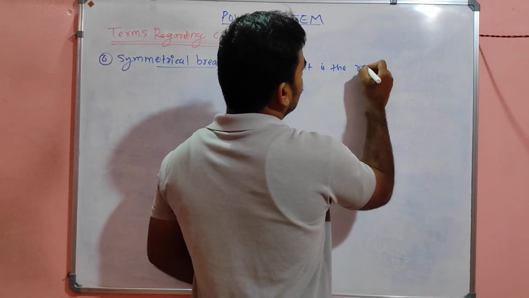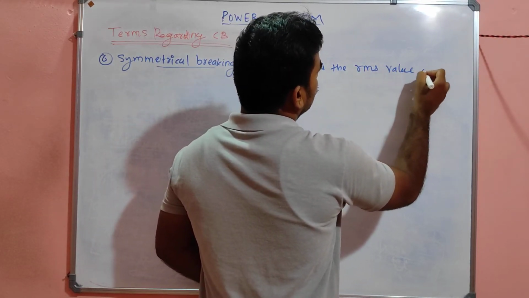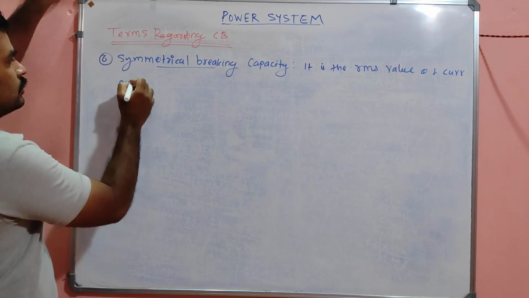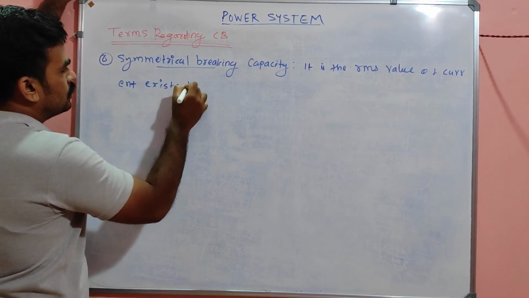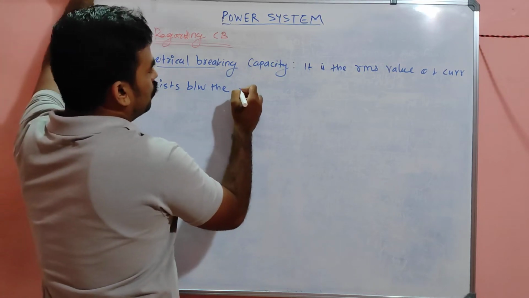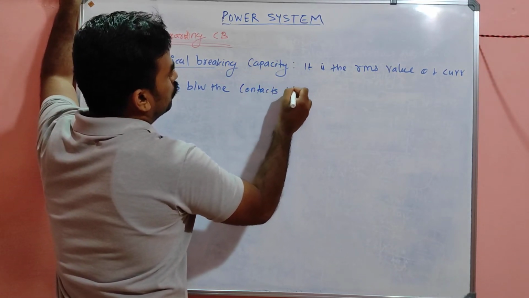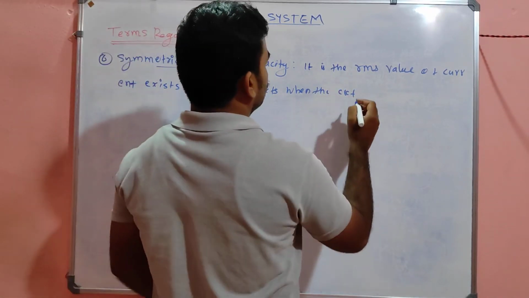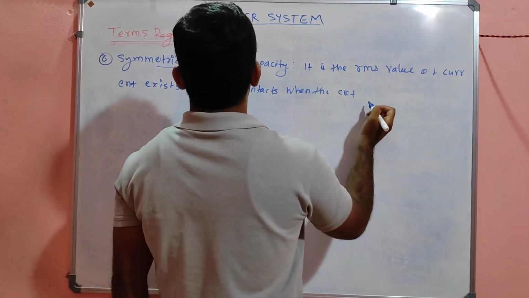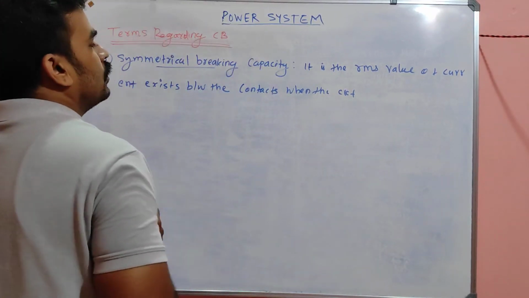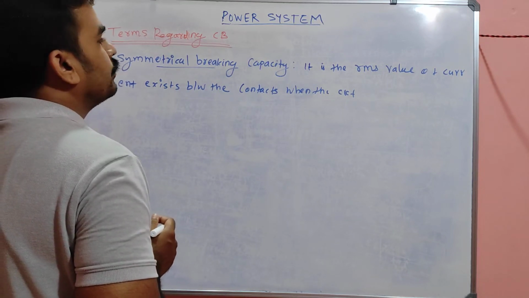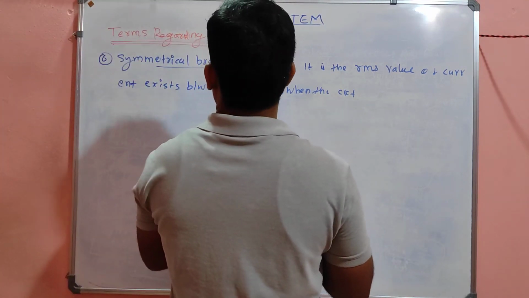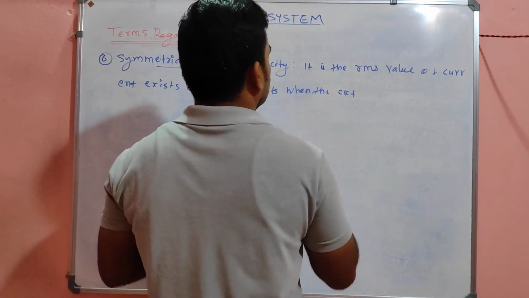That is the RMS value of current that exists between the contacts when the circuit breaks, or during arc.